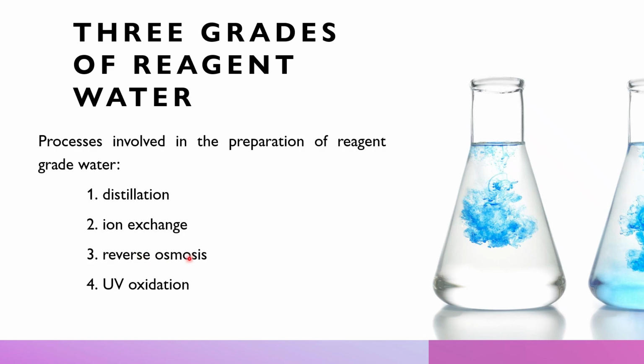Reverse osmosis, class, pumps water across a semi-permeable membrane, so it passes through a semi-permeable membrane, and it produces reverse osmosis water. Write that down. When you make use of reverse osmosis, it passes through this semi-permeable membrane. It produces RO water.